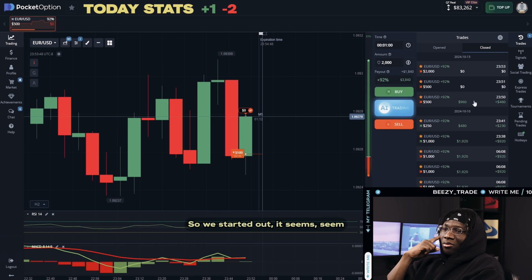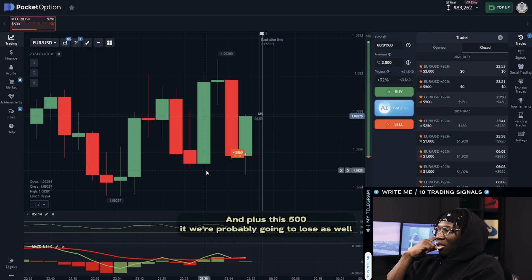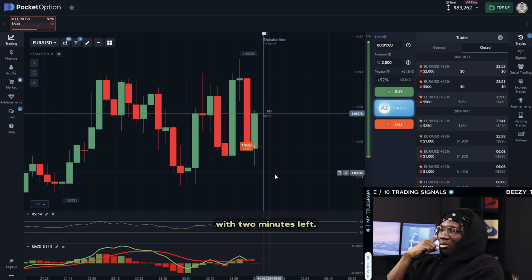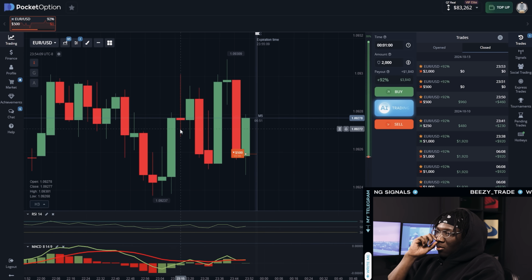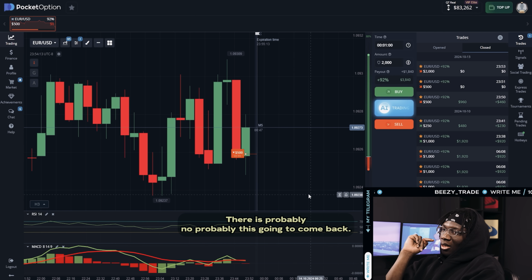So we started out, it seemed, a little better with a win. We end up losing about $2,500, and plus this $500 that we're probably gonna lose as well. With 2 minutes left, and where the candle and where the price is right now, there is probably no probability that that's gonna come back.